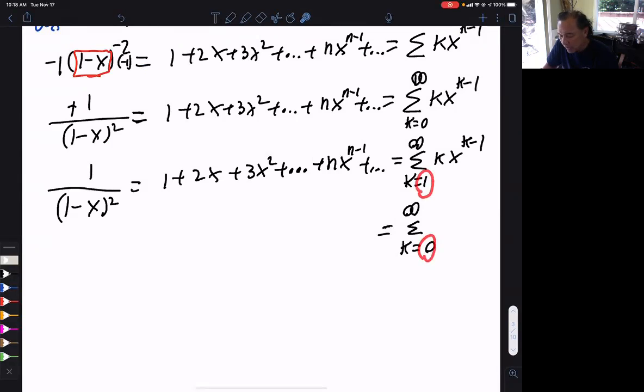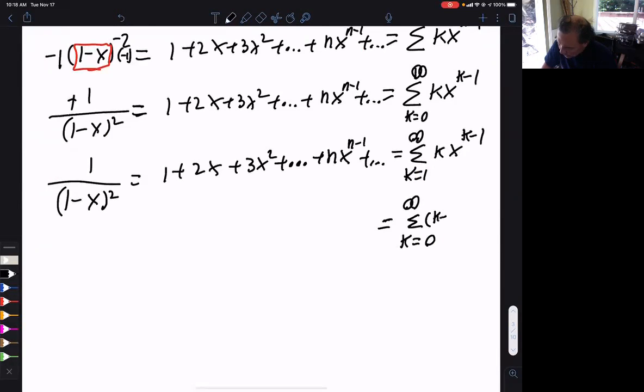So if I'm starting at 1 less, I need to replace these with 1 bigger to make it balance. So that would become k plus 1 x to the k plus 1 minus 1, which becomes this, k plus 1 x to the k.